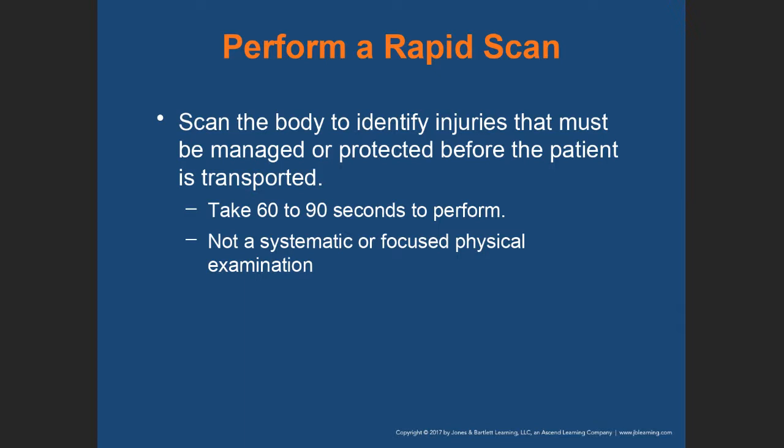For the medical patient, it is the patient's ability to tell us what is happening to them. If they are not able to tell us clearly what's happening to them, then a rapid scan is going to be required, but we're not only focusing on trauma. We're looking for medical clues that can give us an idea of what is happening.